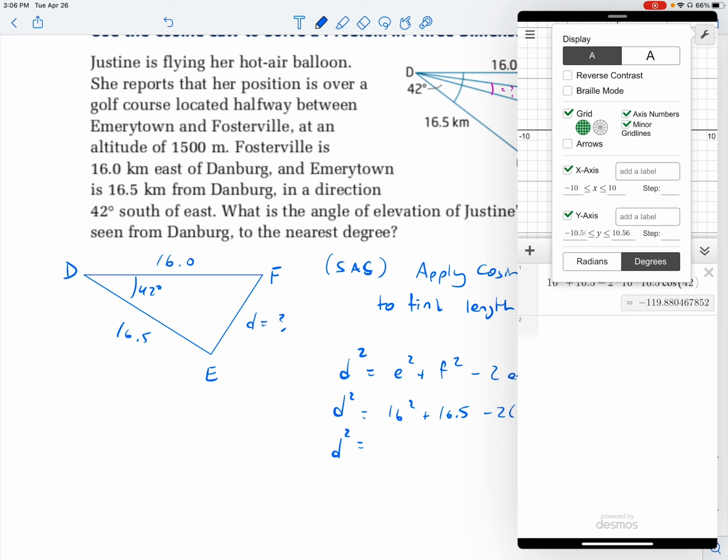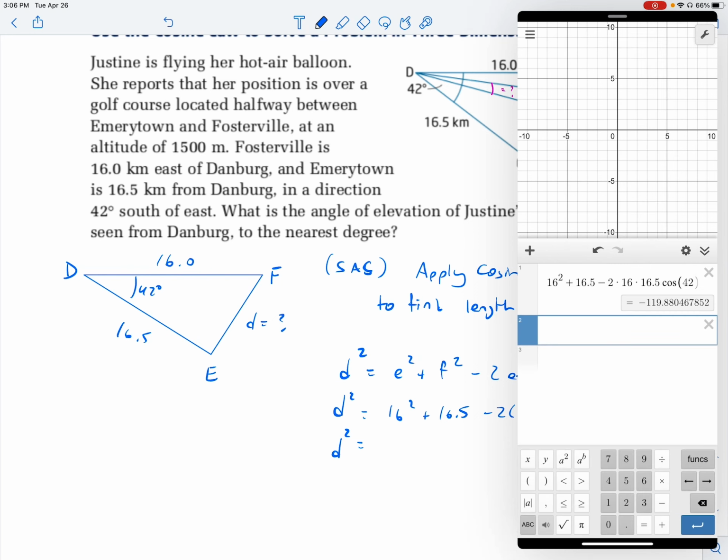Okay, yeah, I had a feeling it was in degrees. And I'm missing a square here. Okay, always scan it over and make sure everything's correct. Okay, 135.89. And we'll need to square root that.